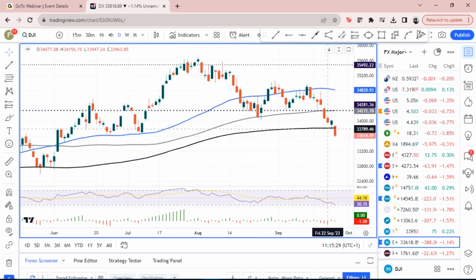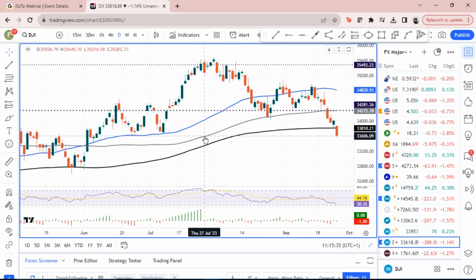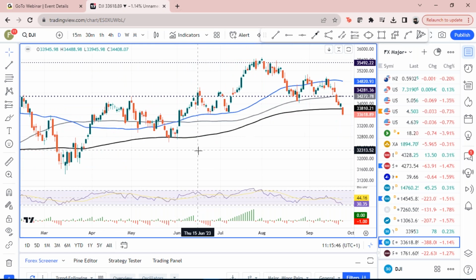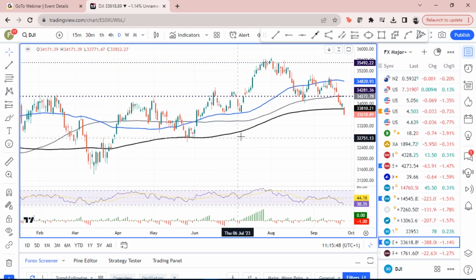And we're just moving now through the 200-day moving average at 33,810. So potentially more downside to come. We're also now possibly breaking these June lows around 33,610. That will be next support. If we do lose those, then they're not looking so good, really. Possibly we're going down towards sort of 33,000 as the next level of support in the Dow.